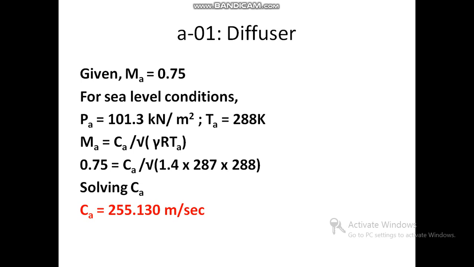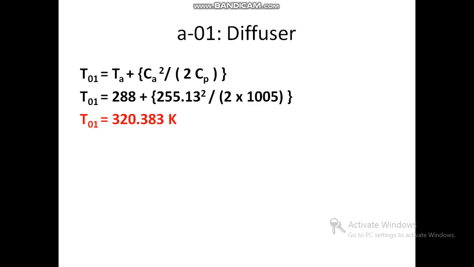Now Ma is equal to Ca divided by root of gamma R Ta. By substituting the Mach number value, gamma value, R value, that is 287 joules per kg Kelvin, and the temperature value 288, and solving for Ca, we will get Ca is equal to 255.130 meter per second. Also we know that the stagnation temperature T01 is equal to Ta plus Ca square divided by 2Cp.